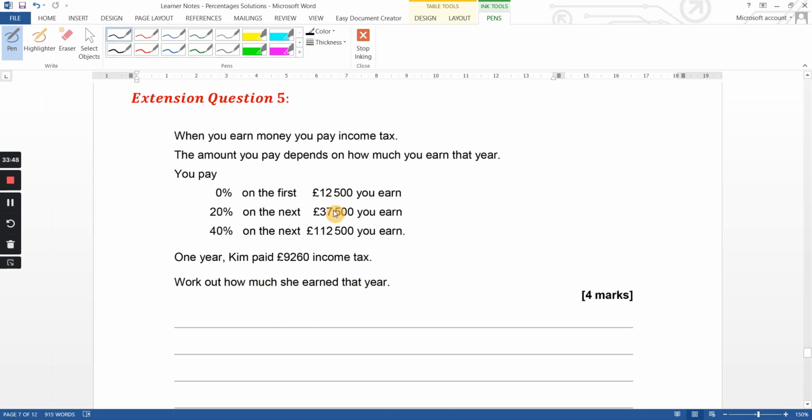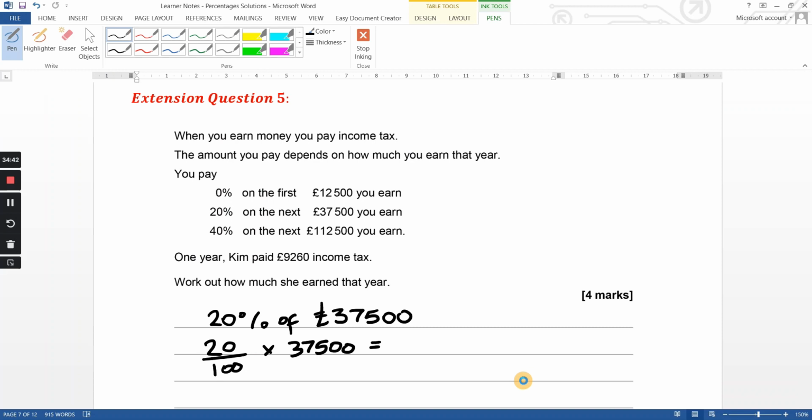If we work out 20% of 37,500, let's work that on the calculator and see what we get. 20% of that.